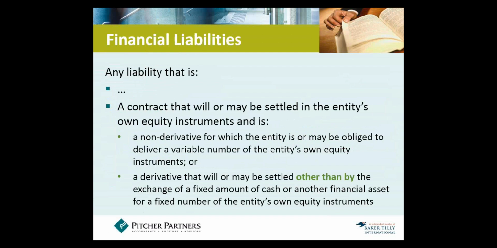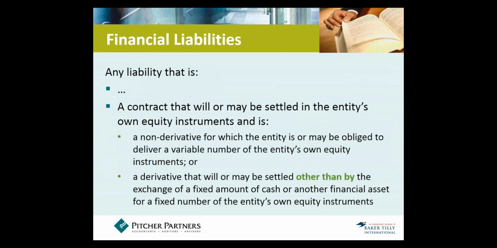So in that part, that other than, as soon as we've got the fixed for fixed criteria, we would say fixed for fixed, and it would be equity. So it's a financial liability other than if we meet the fixed for fixed criteria. Therefore, fixed for fixed criteria, we've got equity. I hate it when they write the standards with double negatives.